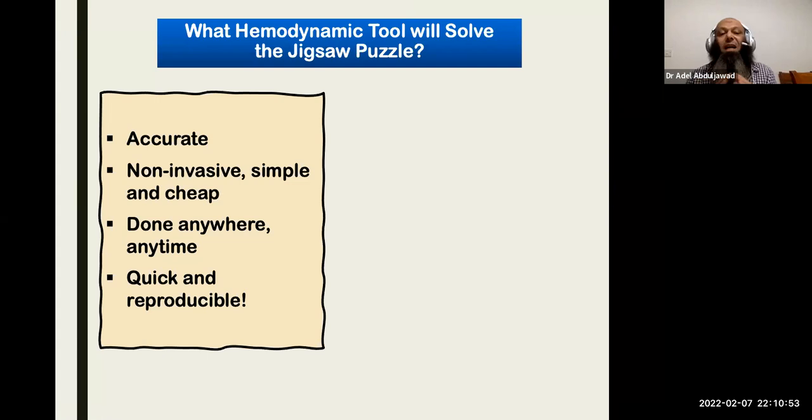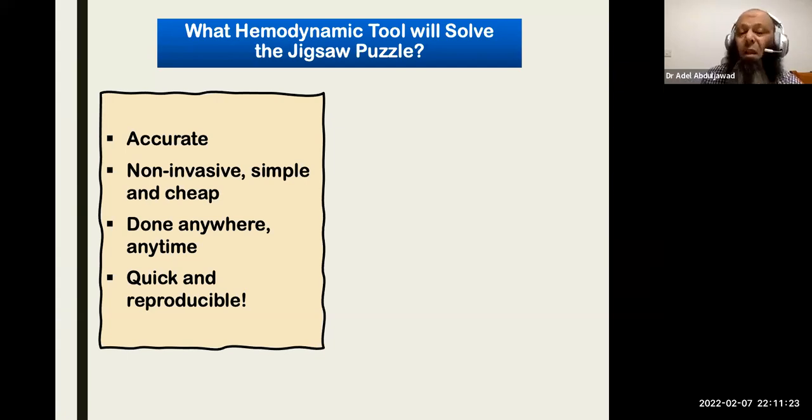These are the ideal criteria for the hemodynamic tool or the hemodynamic intervention that will help you to solve the puzzle. It should be as accurate as you can. It should be non-invasive. If it's not available and you have invasive, why not? But we prefer non-invasive because we are looking for the ideal.